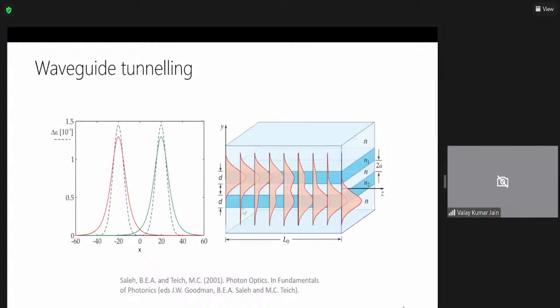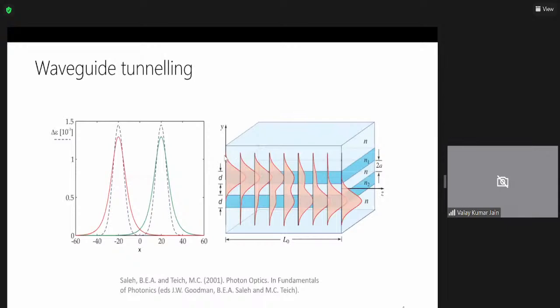So what happens when we keep two waveguides very close to each other? If we keep two waveguides in very close physical proximity, at a distance of about 40 times the wavelength of the light traveling inside, then we observe that over time, because there's a Gaussian intensity profile, suppose I launch a single photon into waveguide number 1.